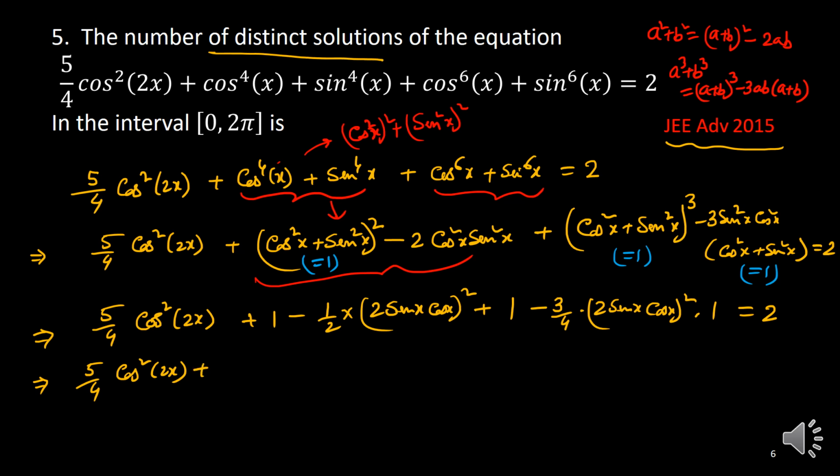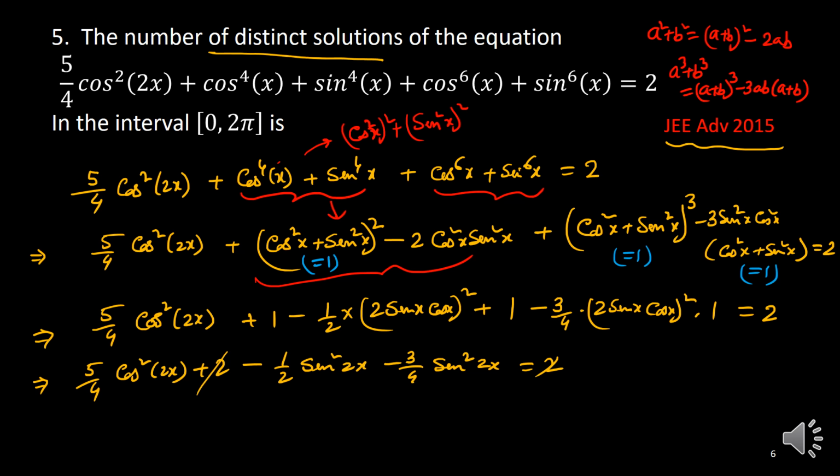This is half sin square 2x. Sin 2x is 2 into sin x cos x, right? It is minus 3 by 4 sin square 2x again, and this equals 2. You see these two will cancel out.